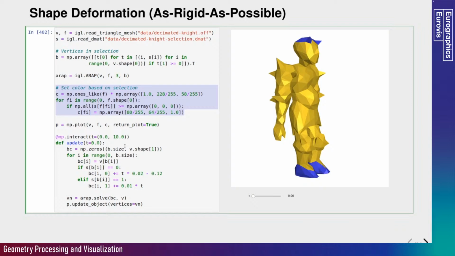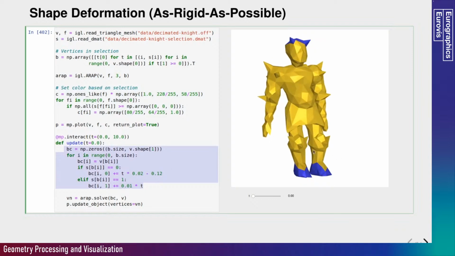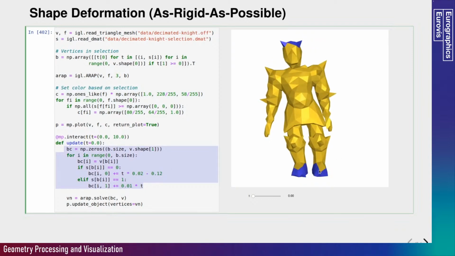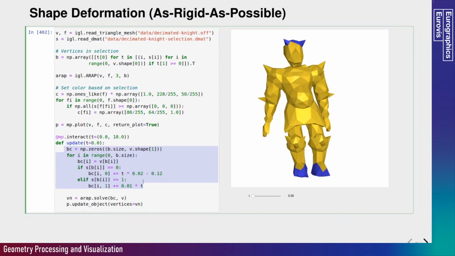So the interesting part then comes again here. We have the boundary conditions to define, and here we define for the left foot to stay fixed at its position, the right foot to move upwards and downwards again, and the head to move sidewards. And this is the animation code here, where we're scaling just some scalar values by this t parameter that comes from our slider.